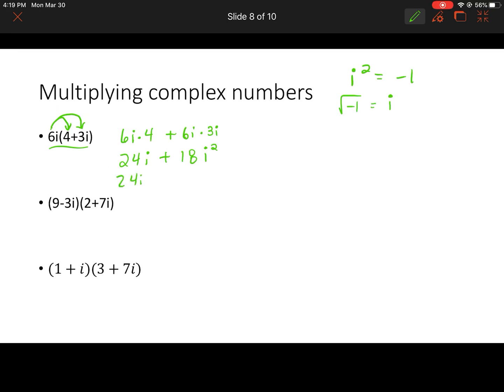Okay, so we have 24i plus 18 times -1. Okay, 18 times -1 becomes -18. So this becomes 24i plus -18. I don't like the way that looks, even though it's correct. So I'm going to move the -18 over to the front. Because it's a positive 24i, I'm going to make it plus 24i.